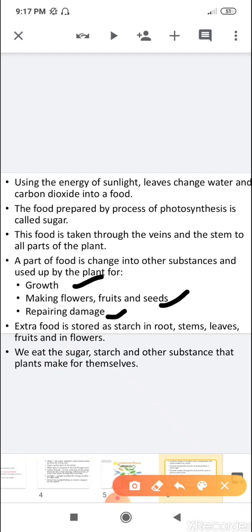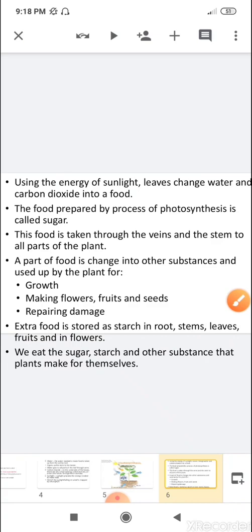The food which is not used by the plant is stored as starch in roots, stems, leaves, fruits and flowers. So when we eat different parts of plants as root vegetables, stem vegetables, leaves and fruit, then we get the food which is prepared by the plant, stored as starch and other substances. So we eat the sugar, starch and other substances that plants make for themselves.